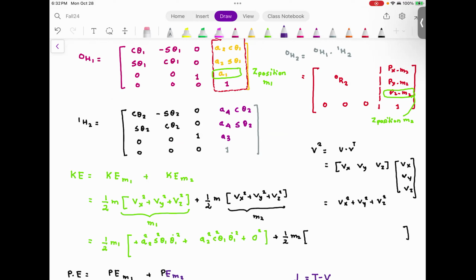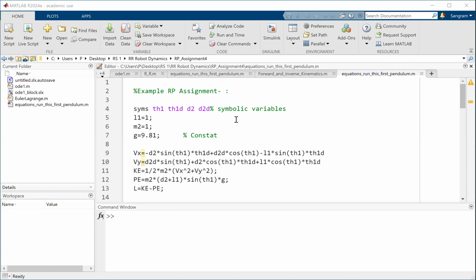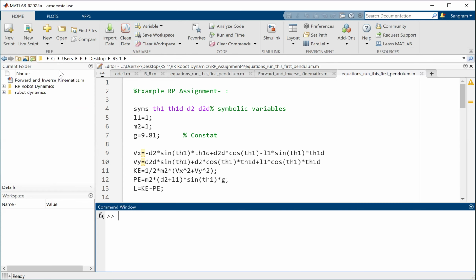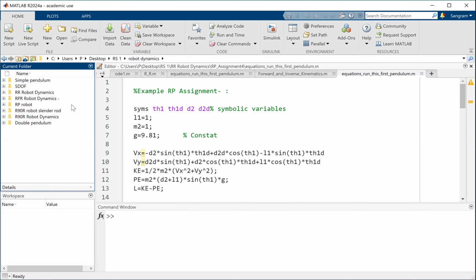Everyone understood this process? Now, how would you solve this whole thing using the MATLAB? So now I'm gonna go on to MATLAB and I will show you how this code can be written. So first and foremost, I want you to go to RS1, Robot Dynamics. Let me see.